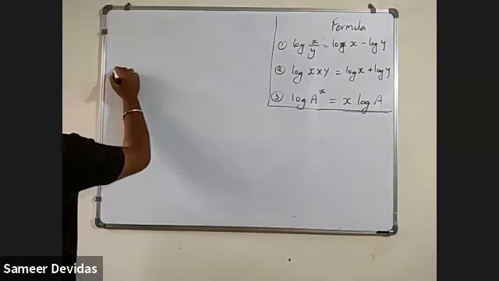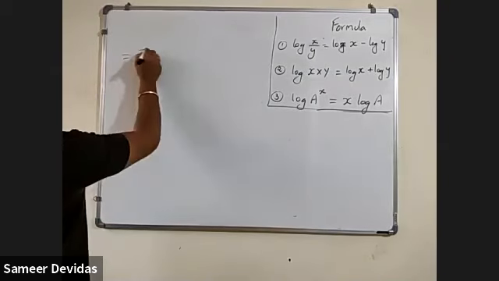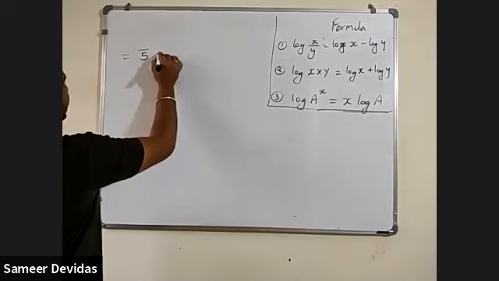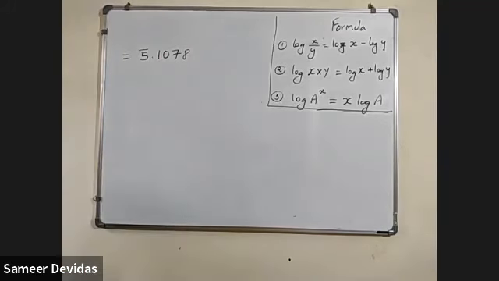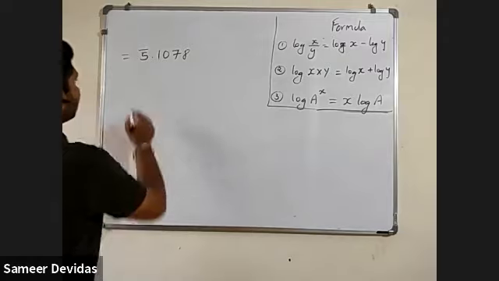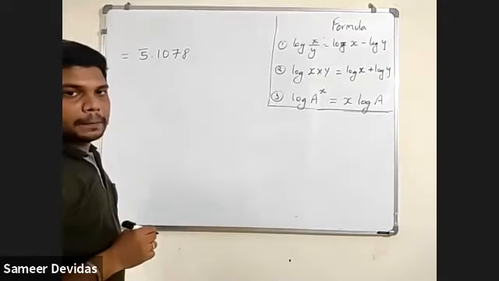Okay. So the answer by finding the anti-log, we have got bar 5.1078. Like this number we have got. So bar 5 means which rule you have to use? -1 + 1. Yes.